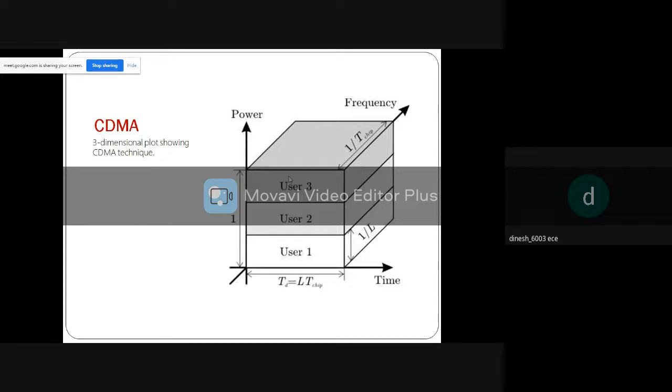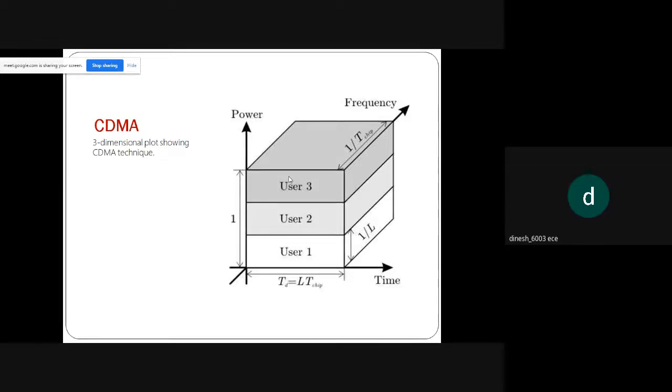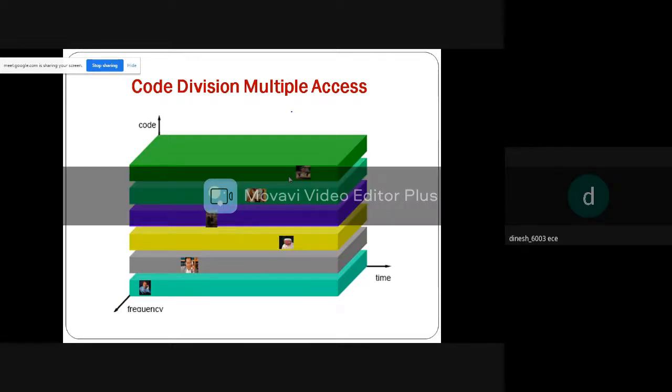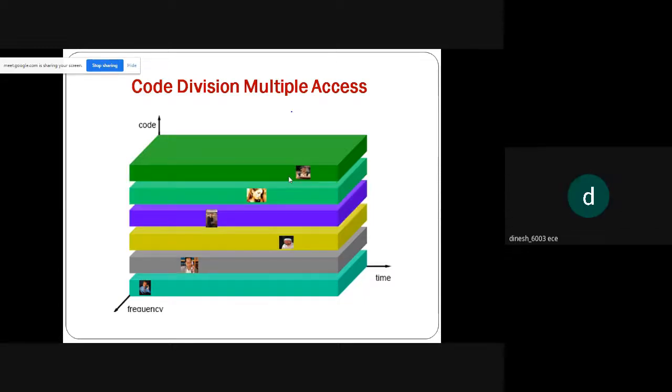So at 1 by T chips for every chipping rate, this is an example. Frequency is separate, time is separate, different time slots at different frequencies. Any of your signals can be transmitted. You can see from this diagram how code division multiple access works.